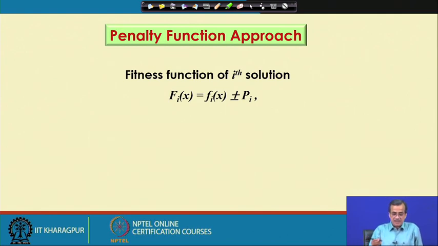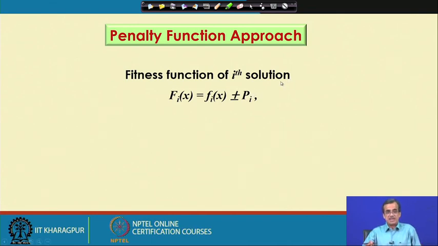Let us see how to use this to tackle this type of problem. Supposing that I have one objective function, that is small f_i(x), and the variables are such that some of the functional constraints are going to be violated. If there is any such violation, I will have to penalize that solution by the penalty term, that is p_i.